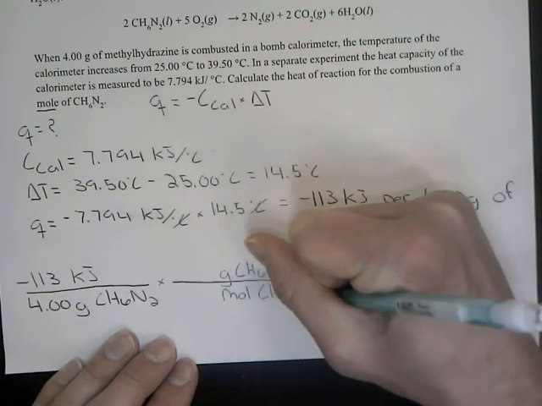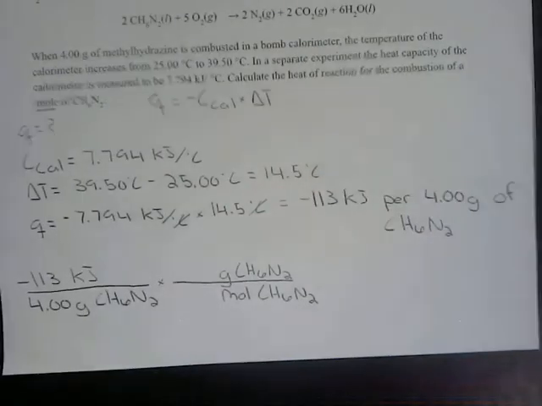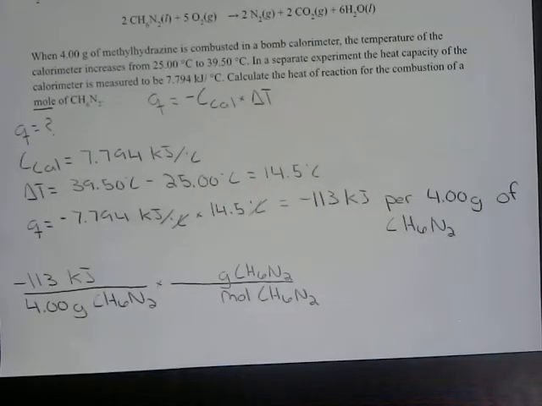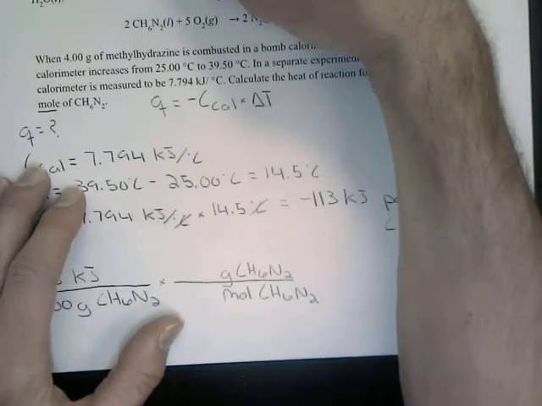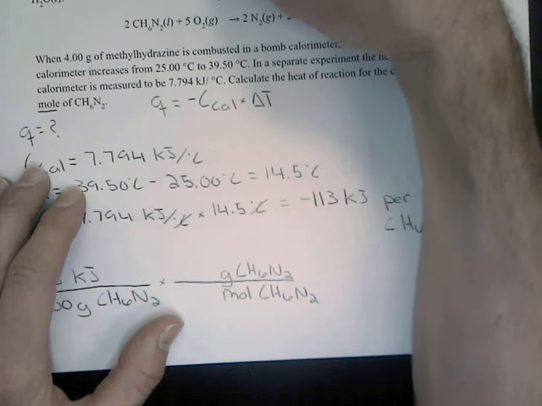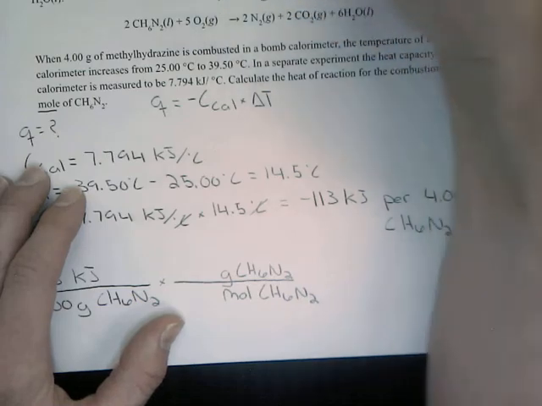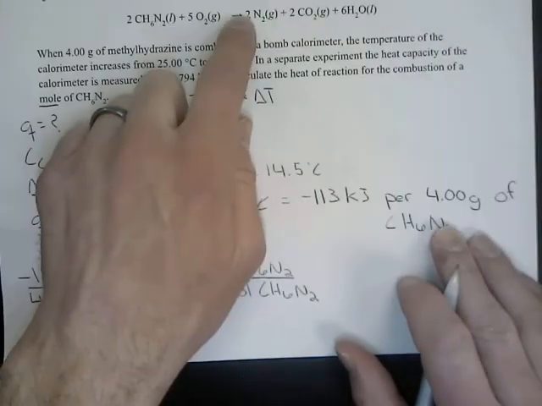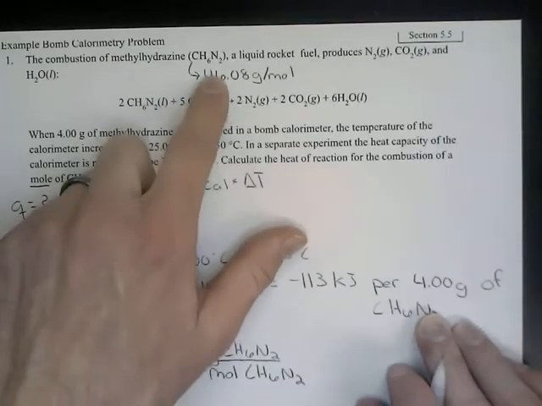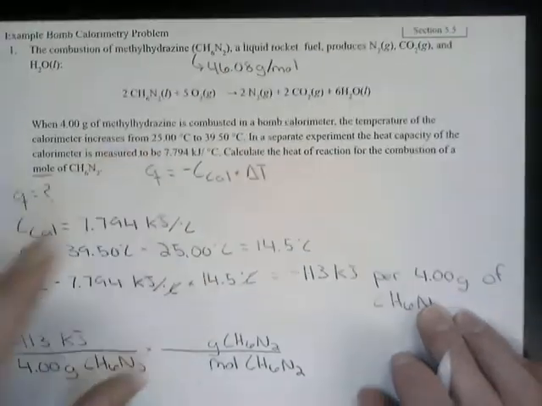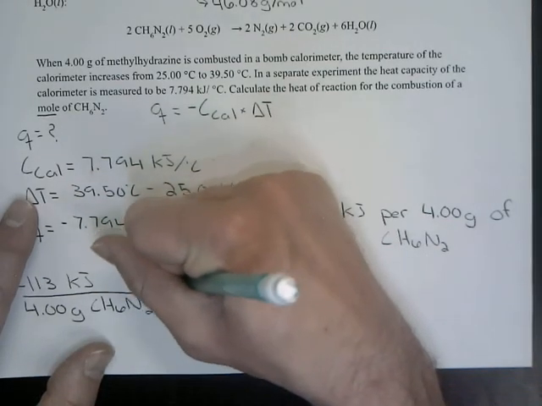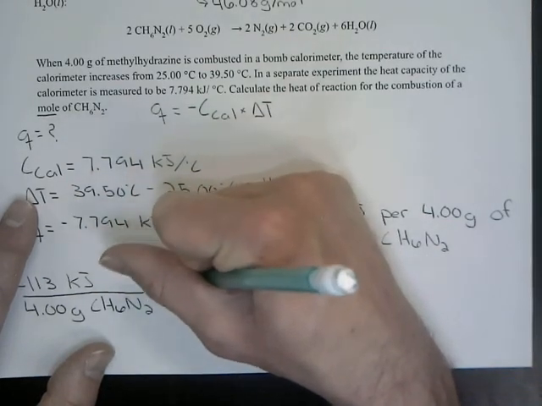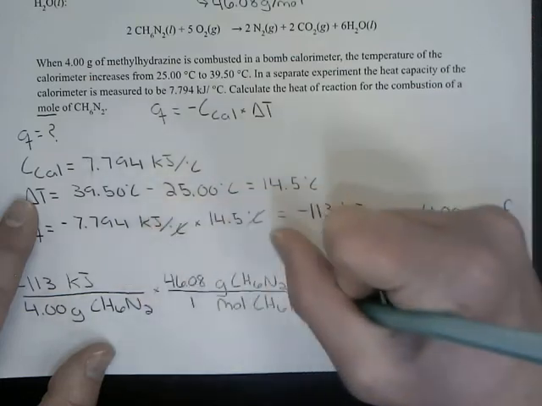Normally I'd tell you to go find the molar mass, but to save some time, methyl hydrazine has a molar mass of 46.08 grams per mole. The 46 number is associated with grams, so I put 46.08 grams per 1 mole.